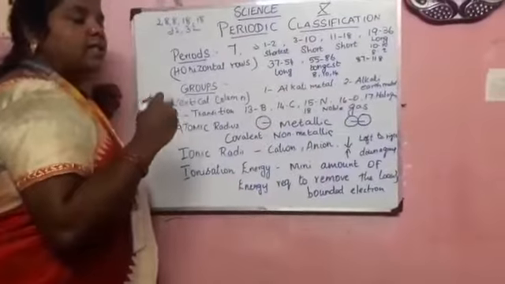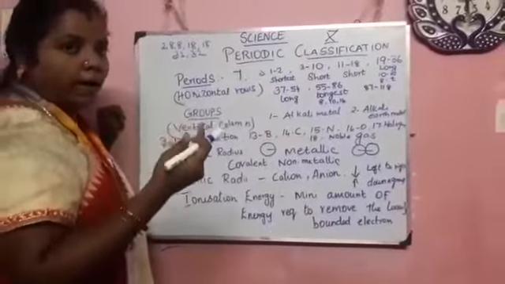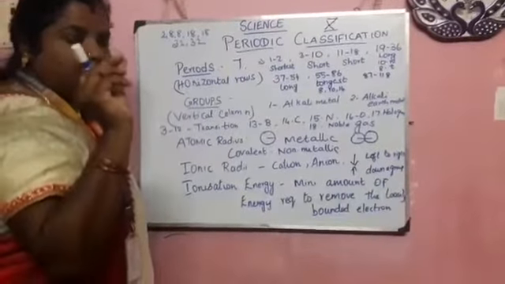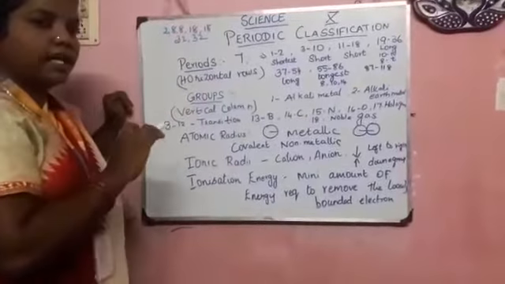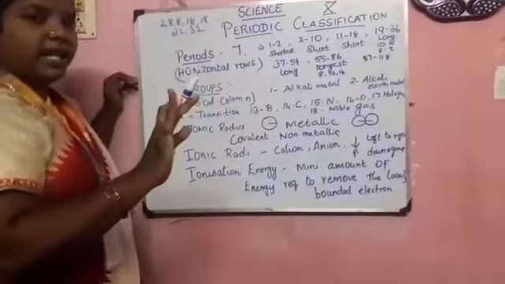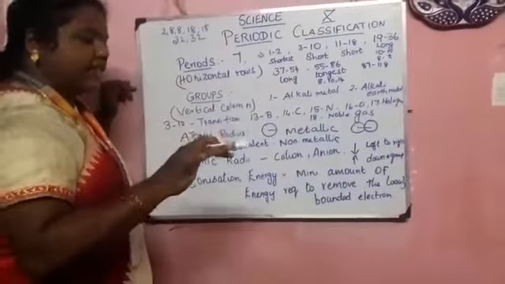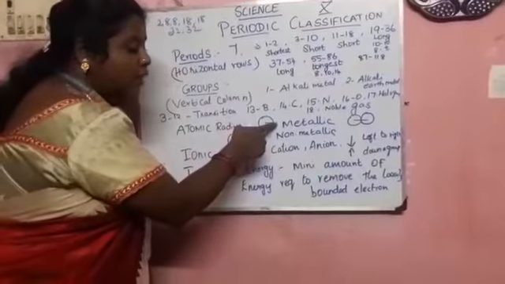Some atoms will be smaller in size. For example, hydrogen, atomic number 1, should be very small, so the distance is very less. So the atomic radius differs depending upon the size of an atom. Okay. So the atomic radius is defined as the distance between the center of the nucleus and the outermost electron.